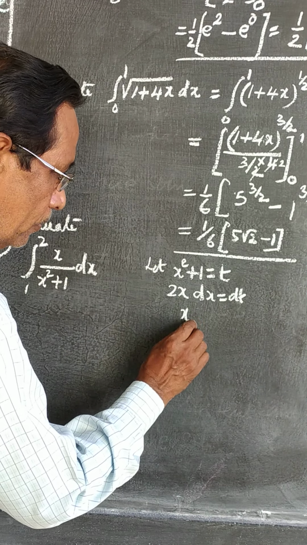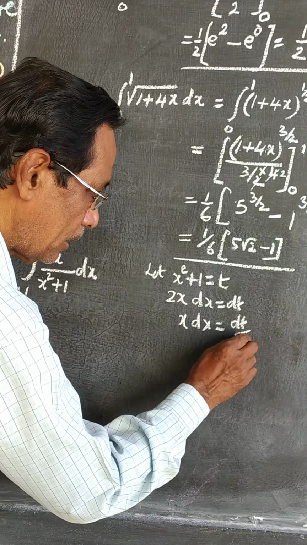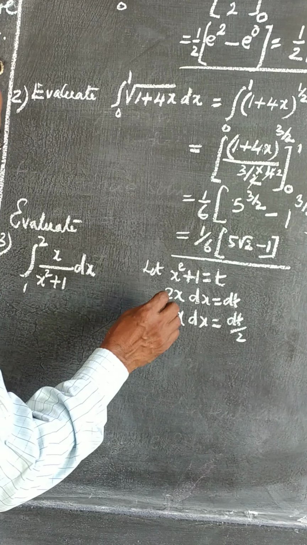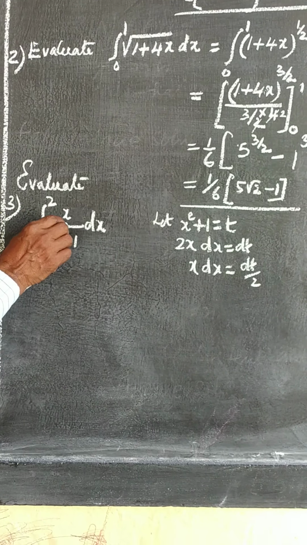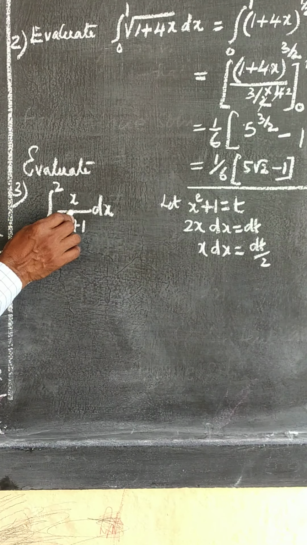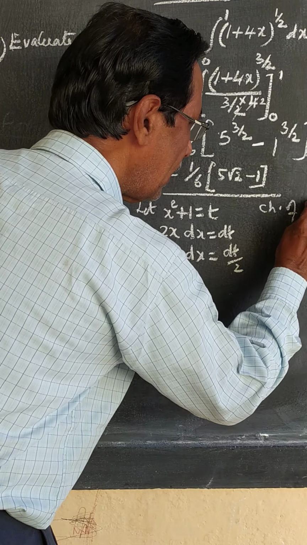Therefore, x into dx is equal to dt by 2 only. Here the limits are given for x only, that is, lower limit and upper limit are given for x values. So we need the change of limit.